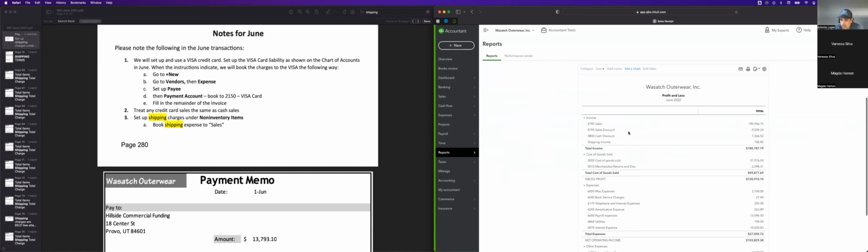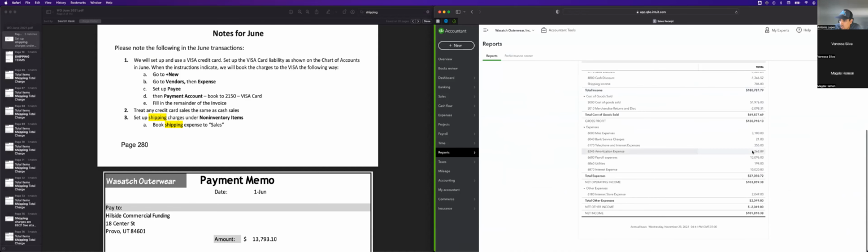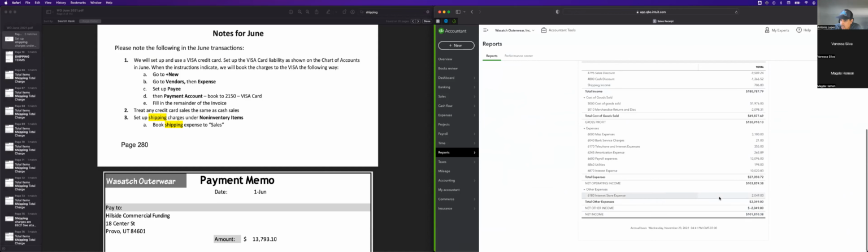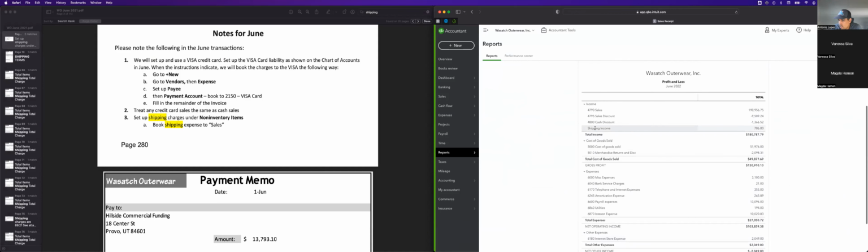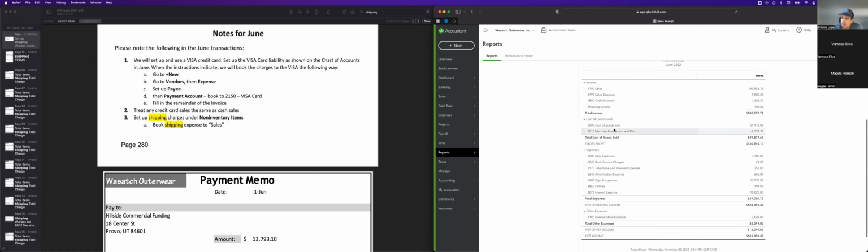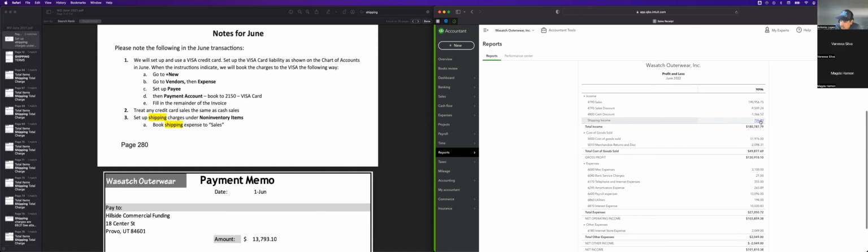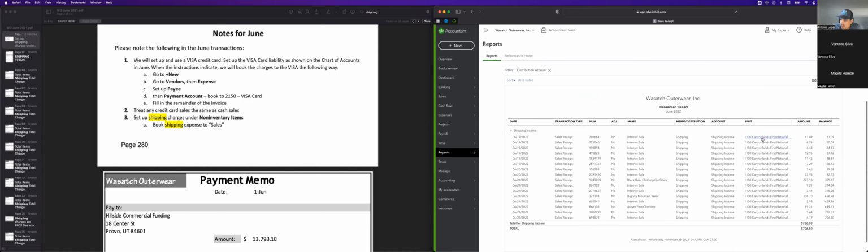Honestly, I'm not going to change it. I usually review your financials and make sure the net income is correct, so as these weird things pop up, it's not a huge deal. But if you want to change it, you can go in and create that product and service, a shipping charge as a non-inventory item, map it to sales, and then reclass all these on these invoices.